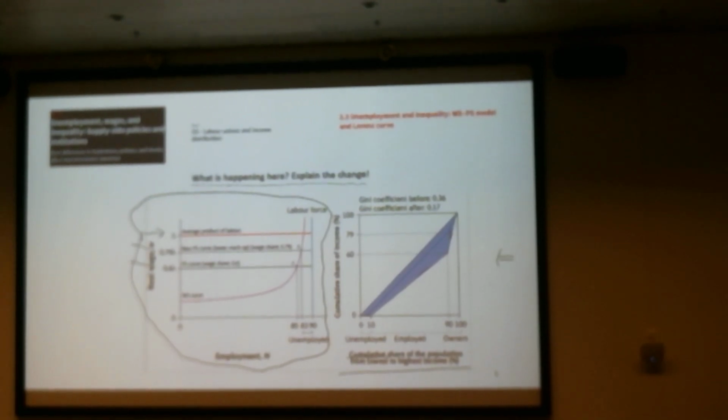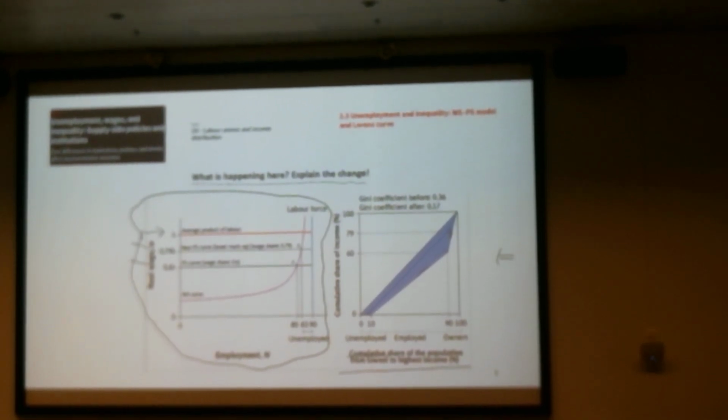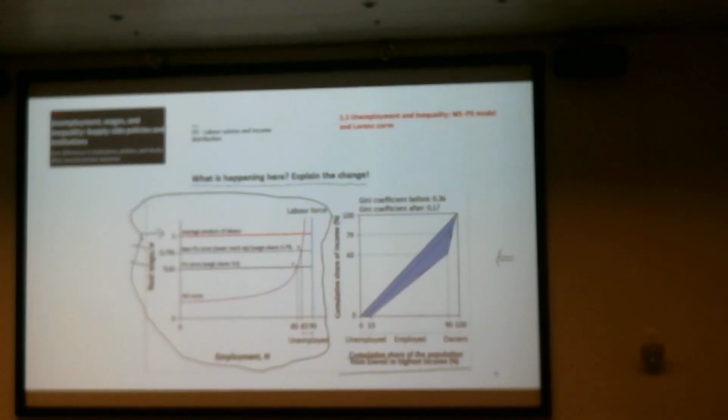Okay, so when the slope is like this, it explains no income. So the slope explains the income. The steeper the curve, the higher the income. And cumulative means we add number 1, number 2, number 3, number 4. And for the first 10 here, in the beginning, they are all unemployed.